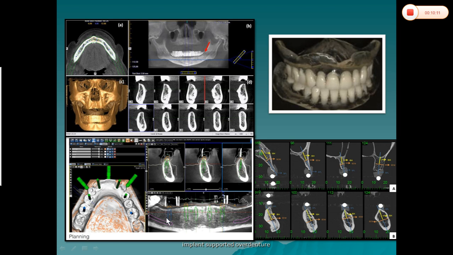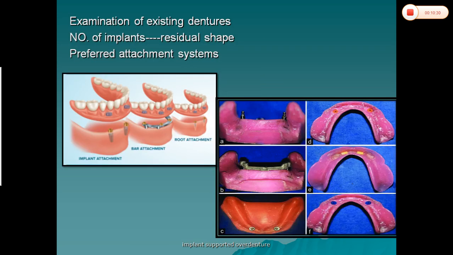They will show an imaginary picture. By this we can know whether we can do the implant placement or not. If so, what is the size and length of the implant, they will also define clearly in the report. Okay, this is the use of CBCT.